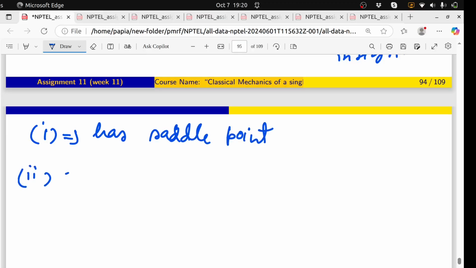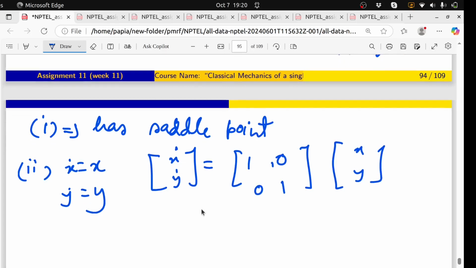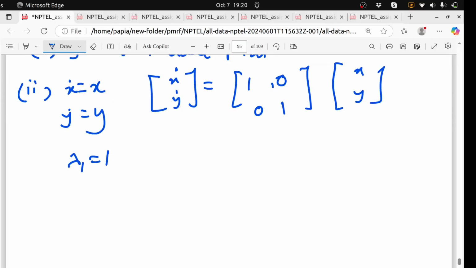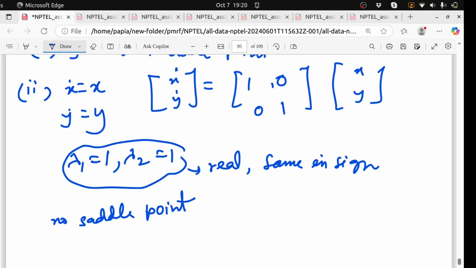Okay, now coming to option number 2, x dot equals x, y dot equals y. So this is 1, 0, 0, 1. So we can see that lambda 1 is 1, lambda 2 is 1. So for this case, real but same in sign. So no saddle point, because for a saddle point different signs should be there.